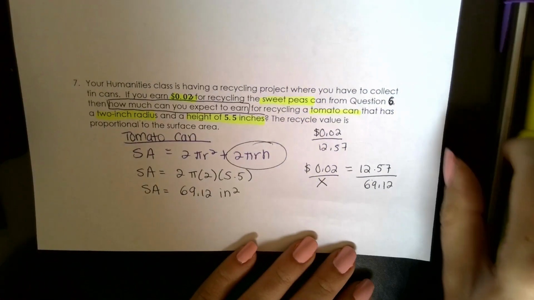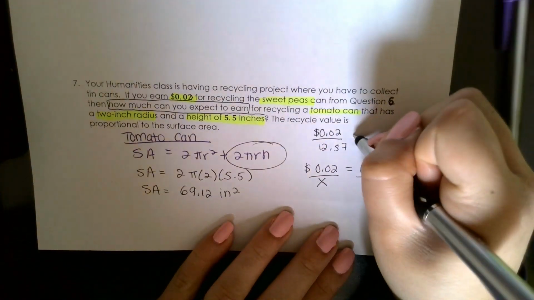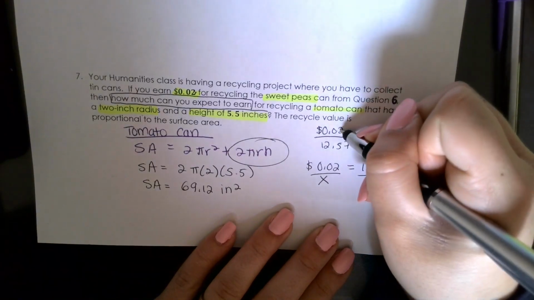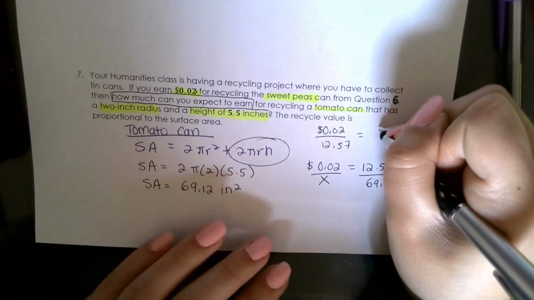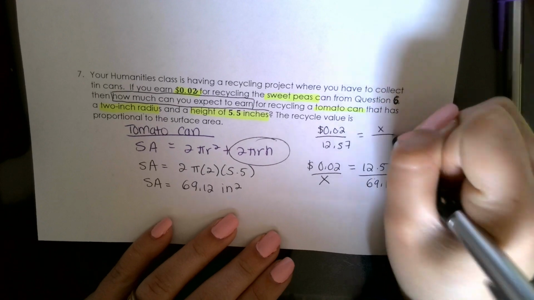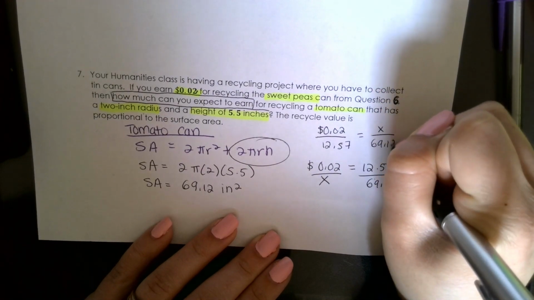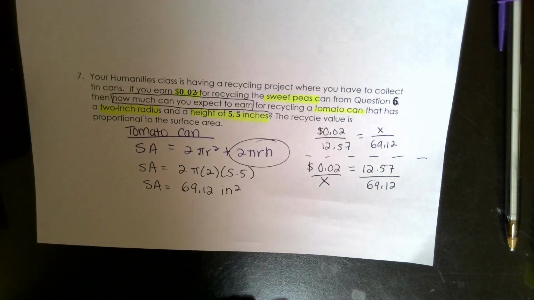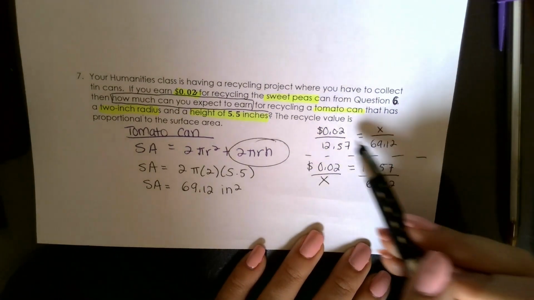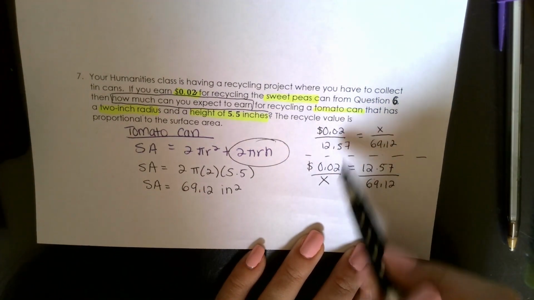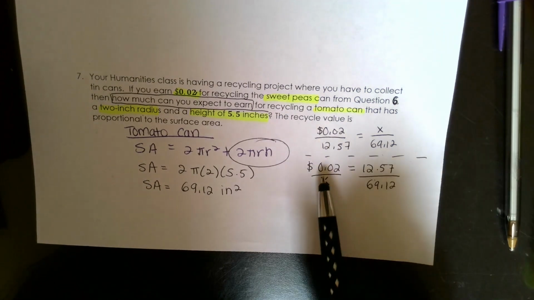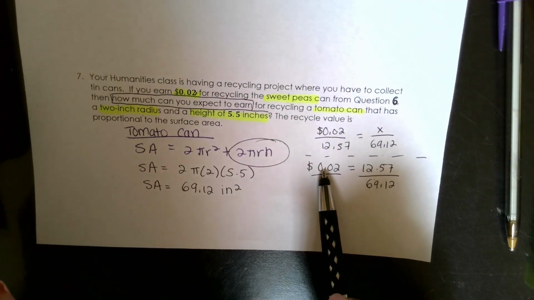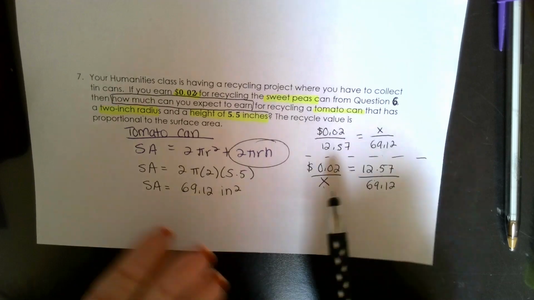And if you did it the other way, that means if you're doing money over surface area, you would have to have money over surface area. So it just depends. You will get the exact same answer because you're still cross multiplying these two, and you're going to divide after. Okay, so I just see it this way. This is how much money I get for this amount of surface area, so how much money will I get for this amount?